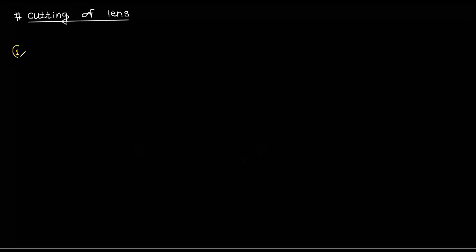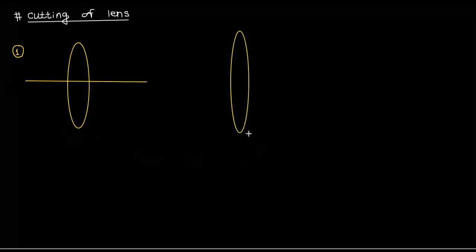This is the first case. Now we have a lens like this, and this lens we have cut like this, and now these two parts we have placed like this.